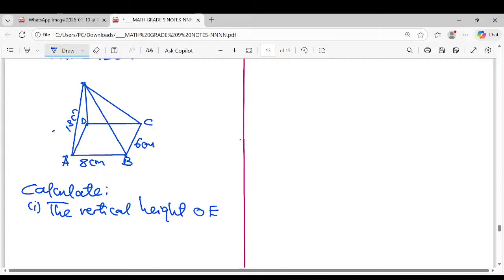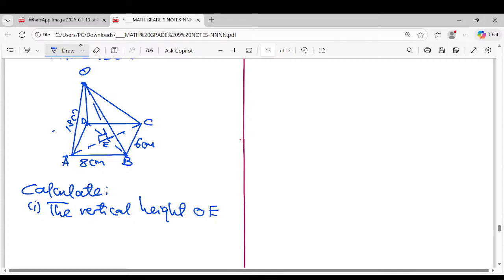OE, where O is the vertex here, and E is the point where these diagonals intersect. Let me show you where E is located. So this is your E. That is the diagram.